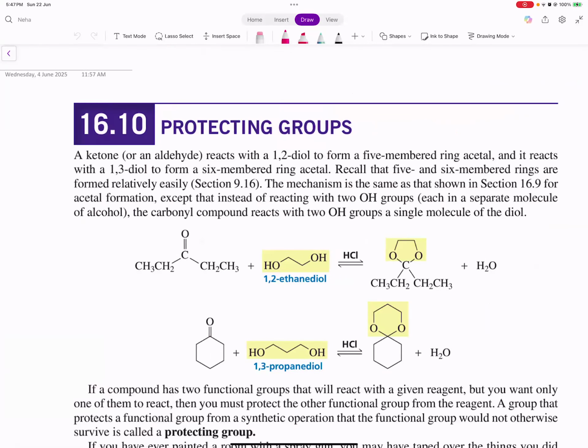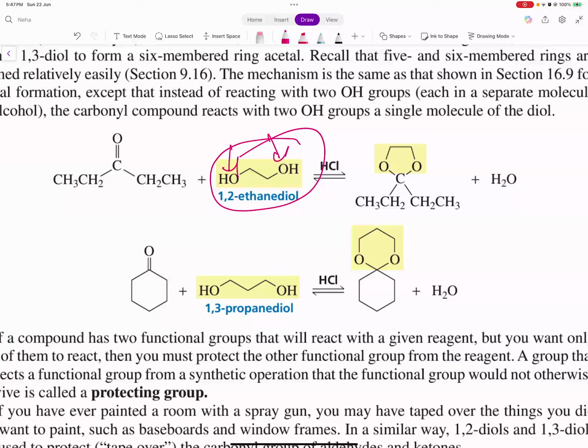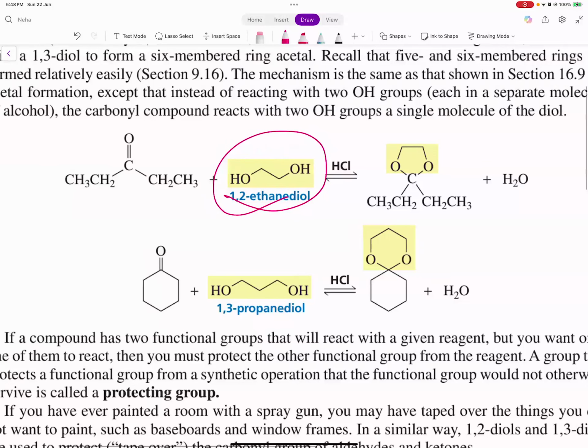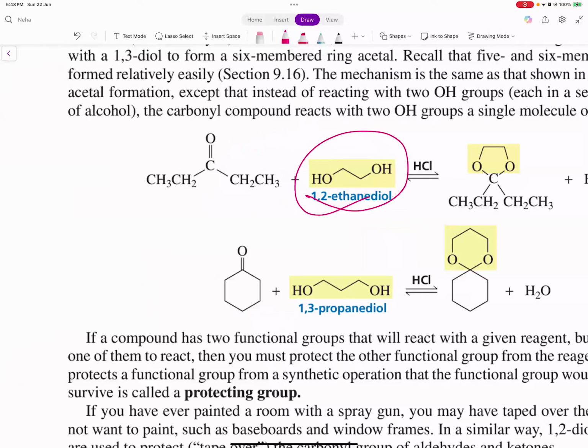I thought you were gone again. No, yeah. So now protecting groups. See what is happening here now. It's a very fancy thing. Instead of adding two separate alcohols, we get an alcohol in which two OH are present on the same molecule. In one molecule, I have two OH. See how the product is going to be formed.